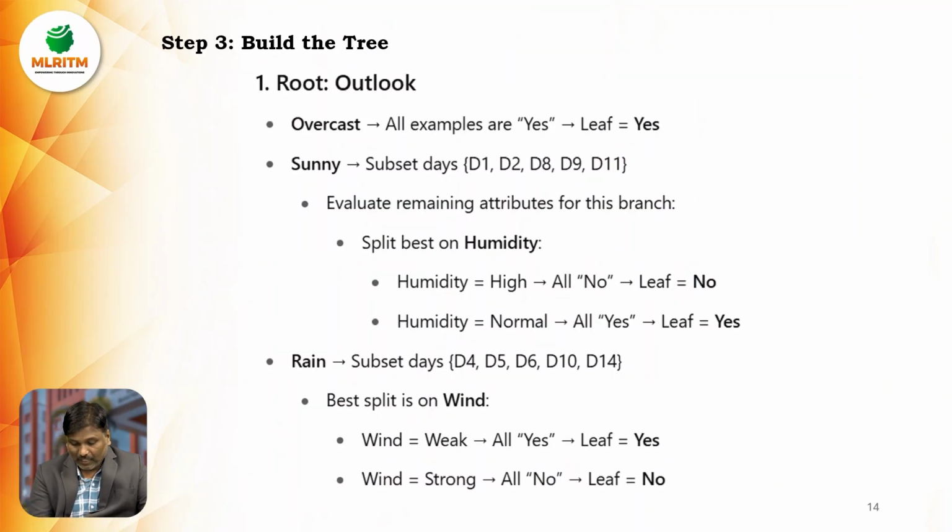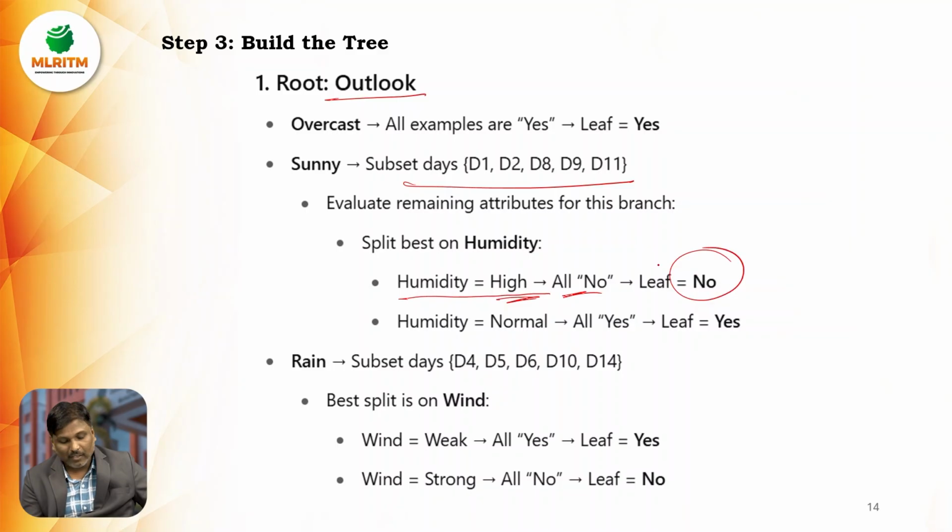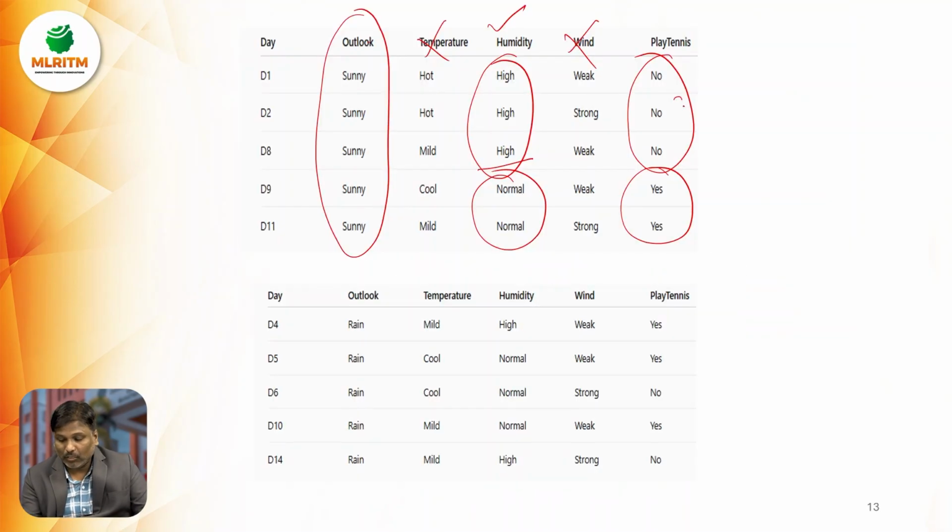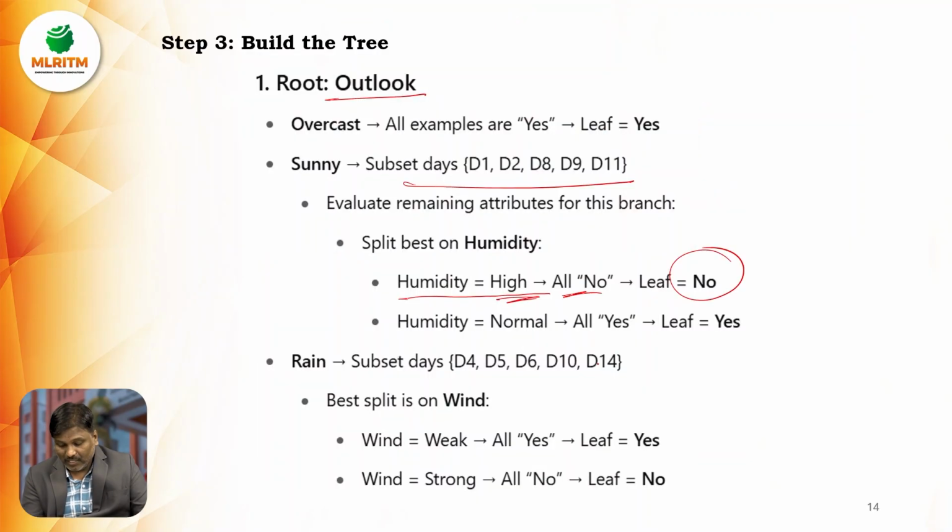Okay guys, so for the root condition outlook, coming to the sunny, I mentioned all these days. So sunny, humidity equals high, what is my play? No condition. So humidity equals normal, play is yes. So my leaf is to be yes, I have to note down.